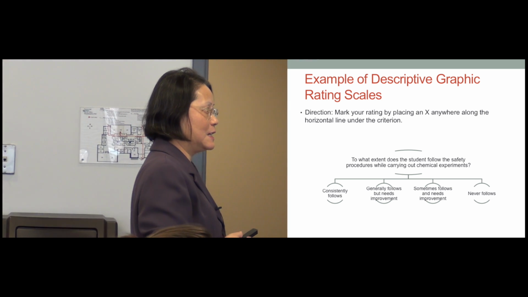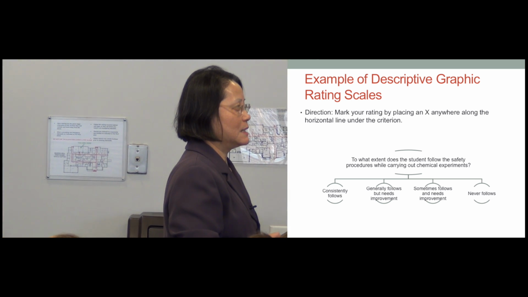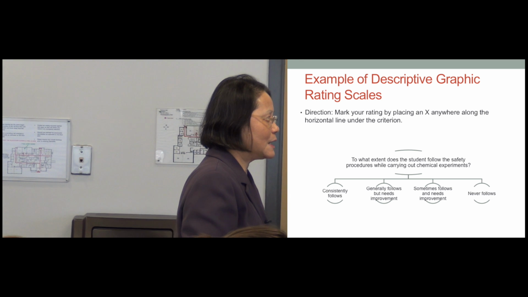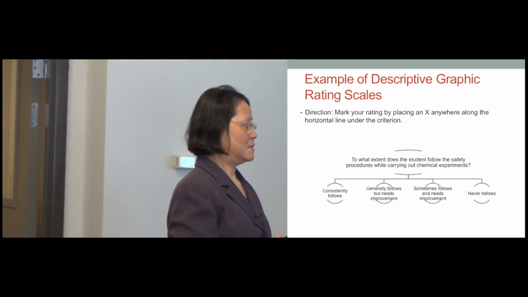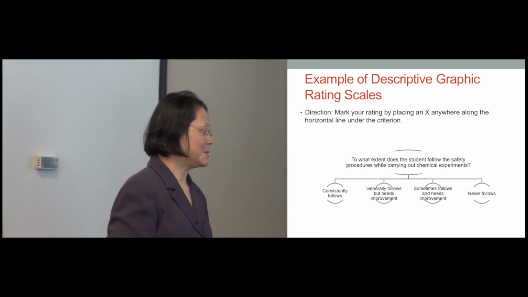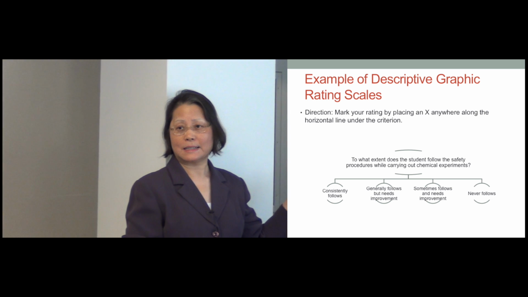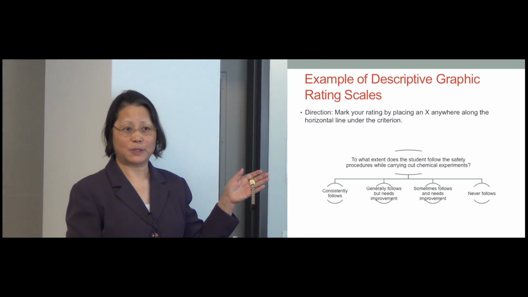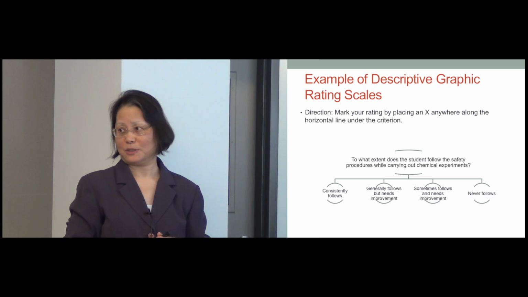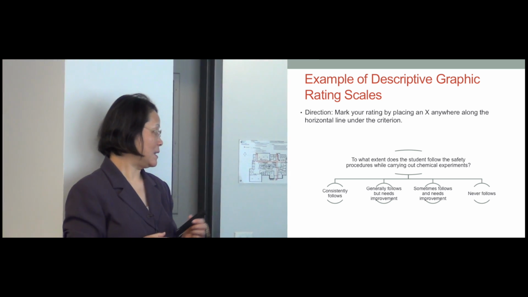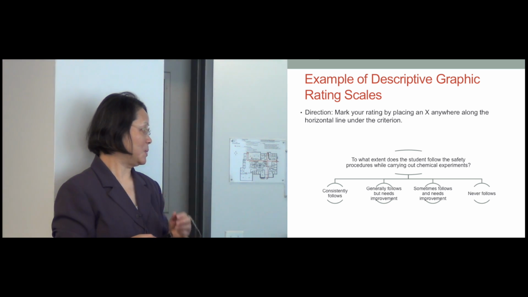So for instance, in this case, we want to know to what extent the students follow the safety procedures while carrying out chemical experiments. On one end, they consistently follow the rules and procedures. On the other end, they never follow the procedures. In the middle, they generally follow, but need improvement.